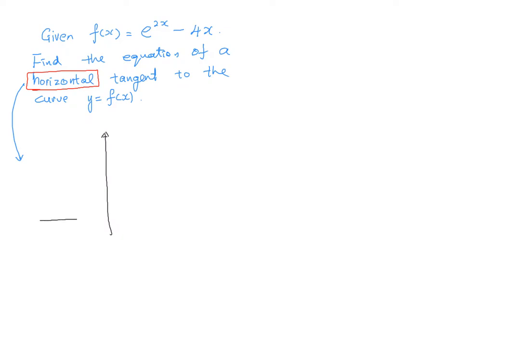Let me illustrate this for you to see. Then you will know what is the meaning of horizontal tangent. So this is my curve. If you use your graphic calculator, you'll get roughly like that. The right hand side is steeper, the left hand side is less steep. So look, if I take the lowest point here, I draw a tangent.